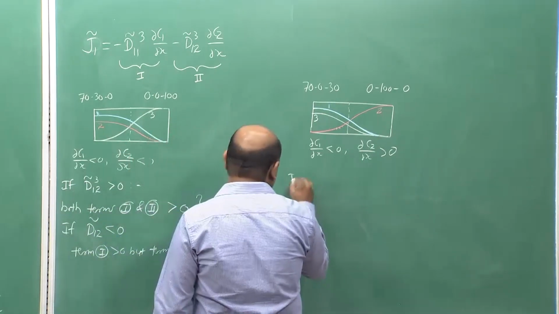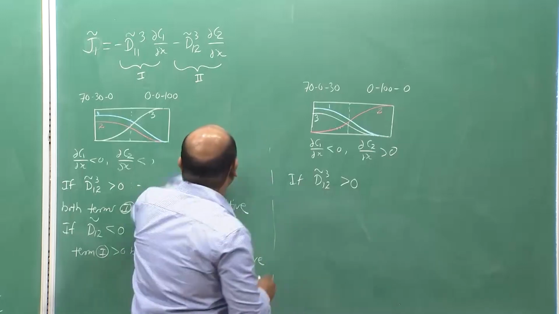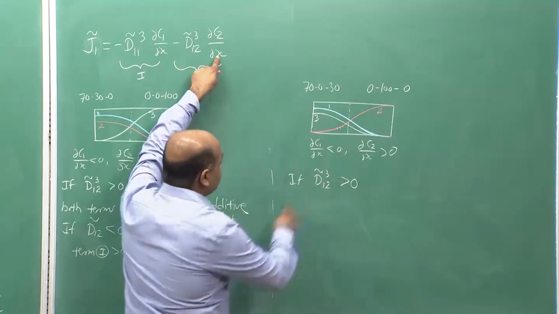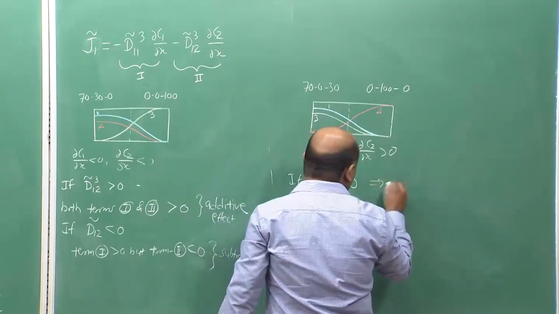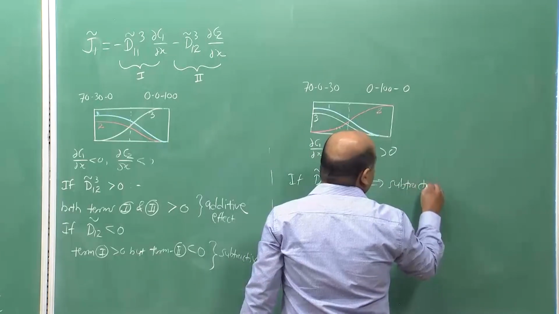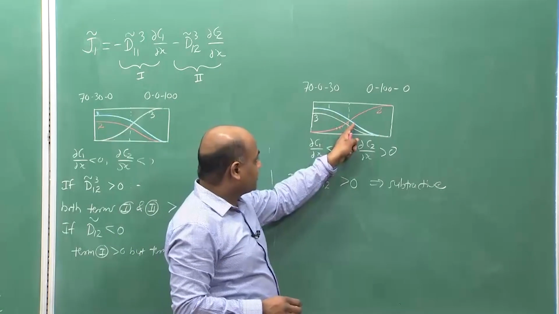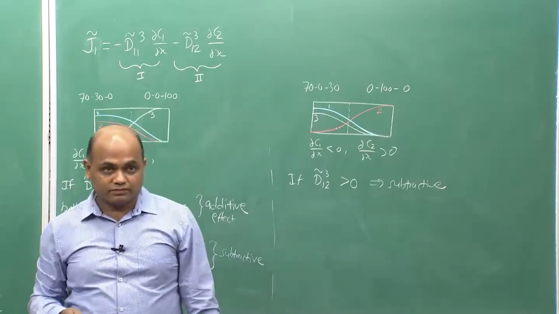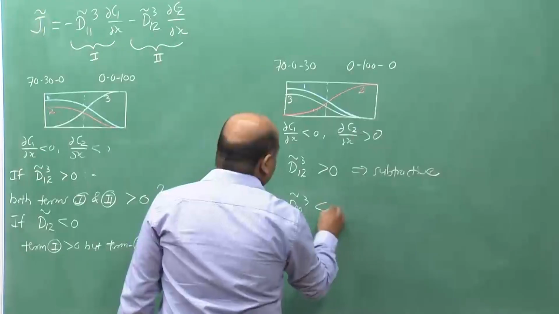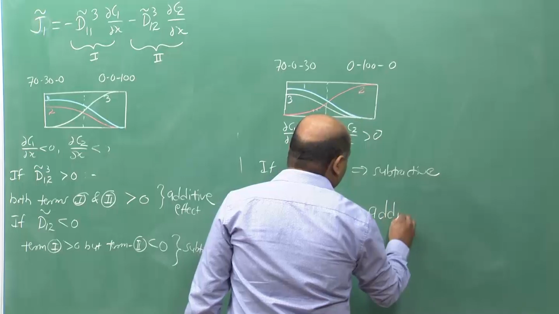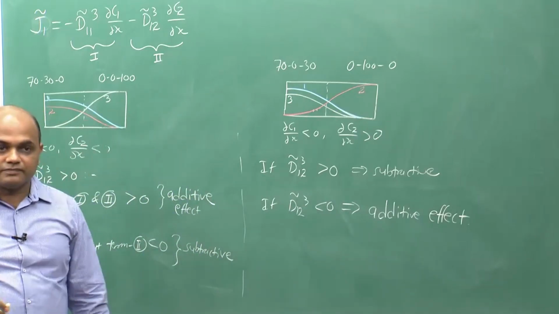If D12 tilde is greater than 0, then obviously this is positive and the gradient is also positive. So this term is negative, and we will have a subtractive effect. So if D12 tilde is positive, the flux of component 1 is reduced up the gradient of 2, and if D12 tilde is less than 0, we will similarly have an additive effect. Clear?